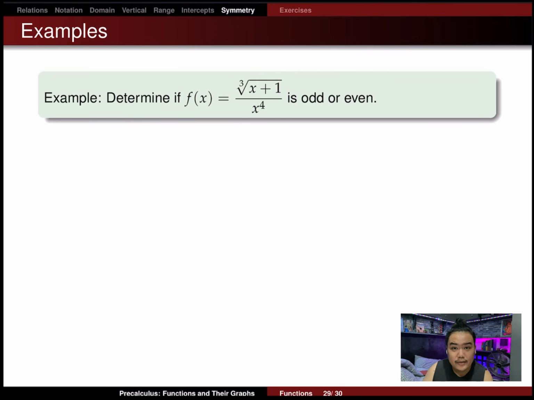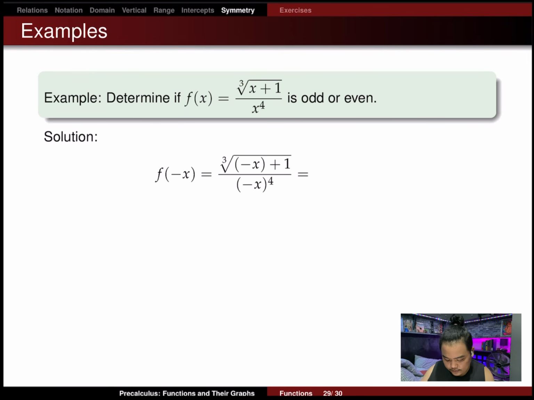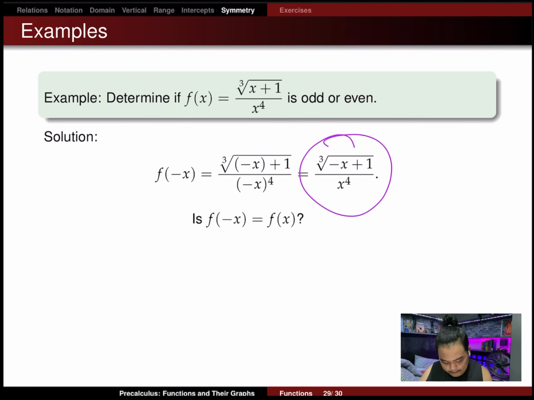So, ganun ulit, i-replace x by negative x and check kung pareha ba siya doon sa original function. Ano mangyayari? Negative, tas negative. Okay. And then we have this and this. So, ang tanong, is f of negative x equal to f of x?